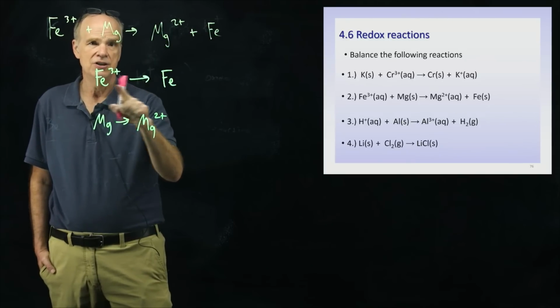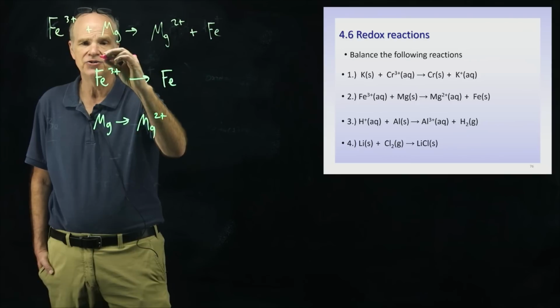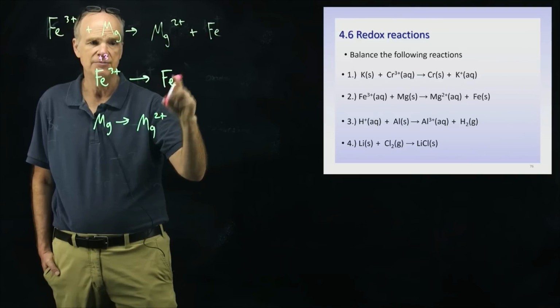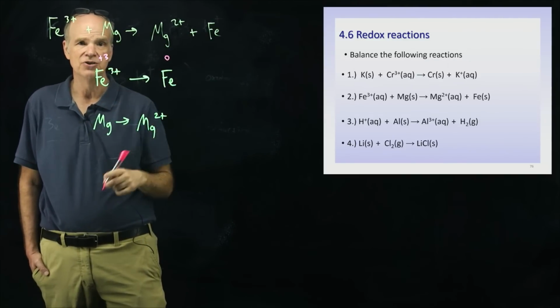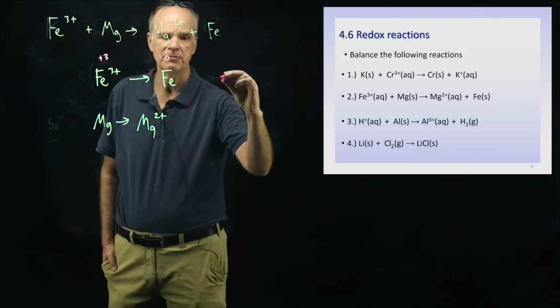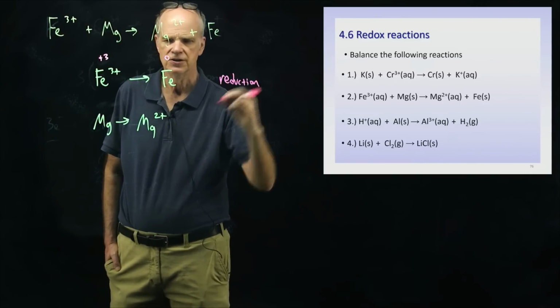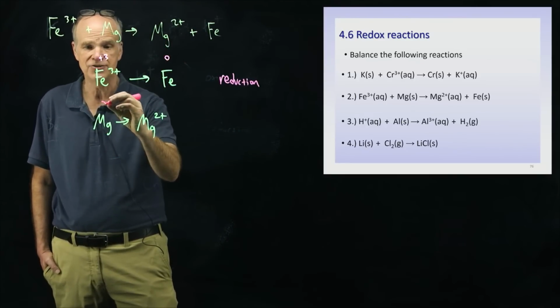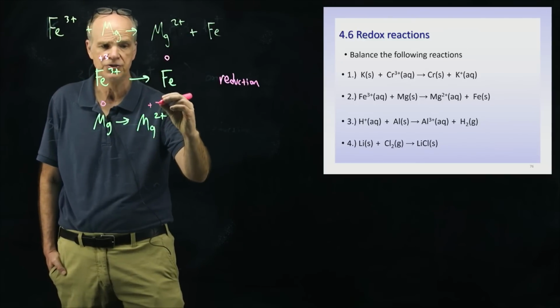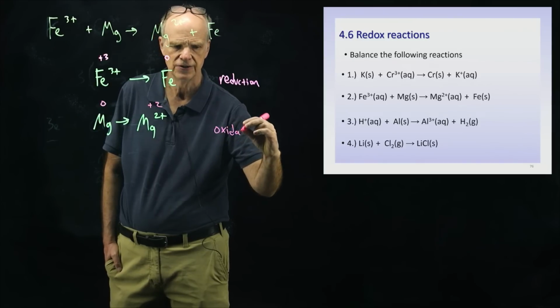And so here in the iron half reaction, we have iron with a 3 plus ion, so its oxidation number is plus 3. Here the iron atom has an oxidation number of 0. So you can see the oxidation number is getting more negative, so this is apparently the reduction reaction. Okay, and then here magnesium goes from an oxidation number of 0 to plus 2. So this looks like this is the oxidation reaction.